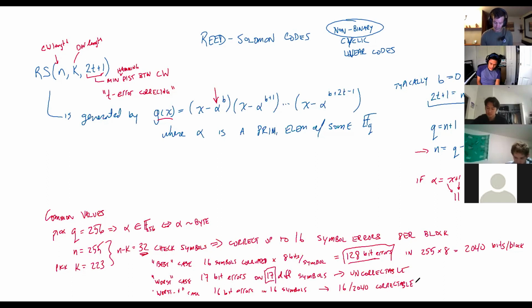So the range of bit error performance is that I can correct any 16 bits out of 2040 bits sent, but there are some cases where I can't correct 17 out of 2040, some cases where I can, and that continues up until 128 out of 2040. If I were to have 129 bit errors out of 2040, that would again be uncorrectable, because it would have to spill over into a 17th symbol.